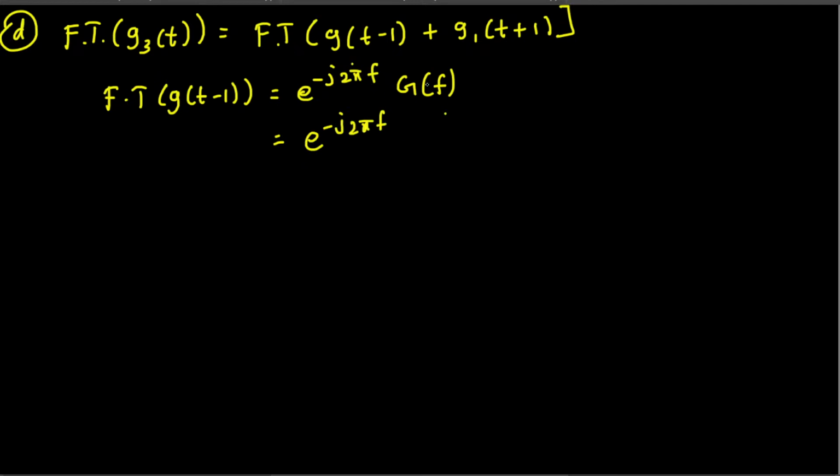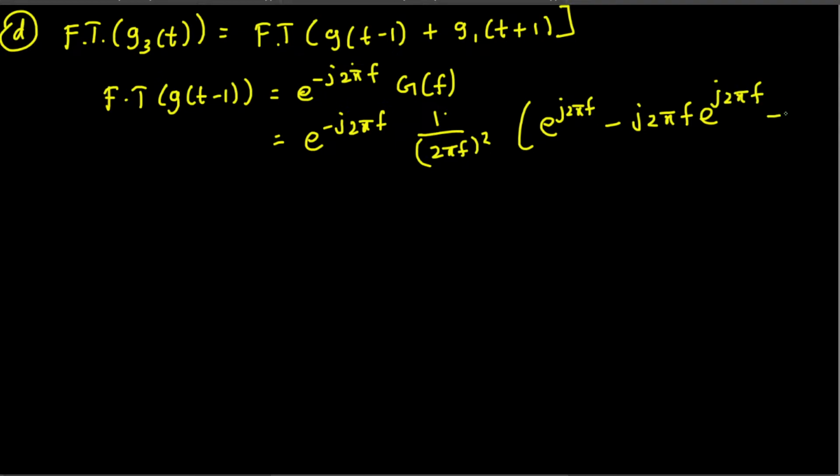And the Fourier transform of g of t is 1 over 2 phi f whole thing square multiplied by e power j 2 phi f, 2 phi f actually, not t, and then minus j 2 phi f e power j 2 phi f minus 1. Okay, this is what we had for the Fourier transform of g of t.